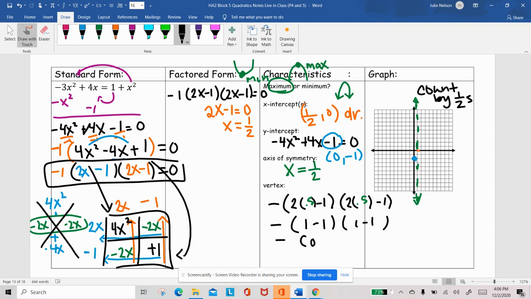So negative times 0 is negative 0. And by the way, there's no such thing as a negative or positive 0. It's just 0. The number I plugged in was half, or 0.5, and the number we got out was 0. It happens that our vertex is also our x-intercept.